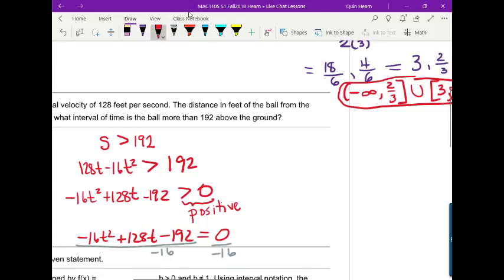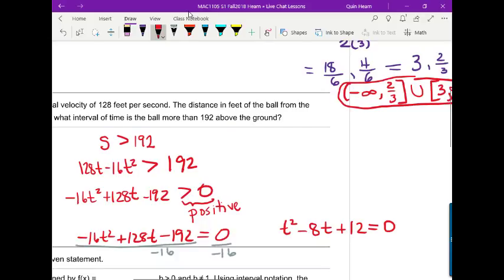Okay, so we're going to get t squared, and then 128 divided by 16 turned out to be 8, so 8t. Oh, that should have been a negative 8t because I'm dividing by a negative. And then dividing negative 192 by negative 16 gives us positive 12, and 0 divided by negative 16 is 0. All right, so now we can factor this guy.